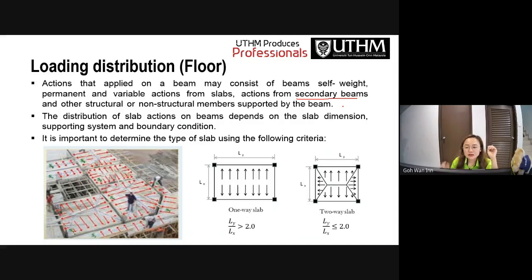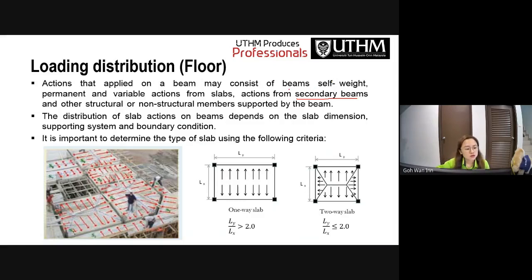But a secondary beam will transfer the load to the main beam, and then it becomes a point load on the main beam. Normally a secondary beam occurs at the toilet. The area is small, so the beam size is small, like 150 times 450 only, because it is only for the small area.